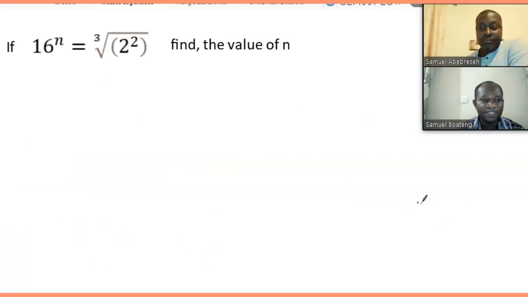If 16 raised to the power n is equal to the cube root of 2 into bracket 2 raised to the power 2, find the value of n.